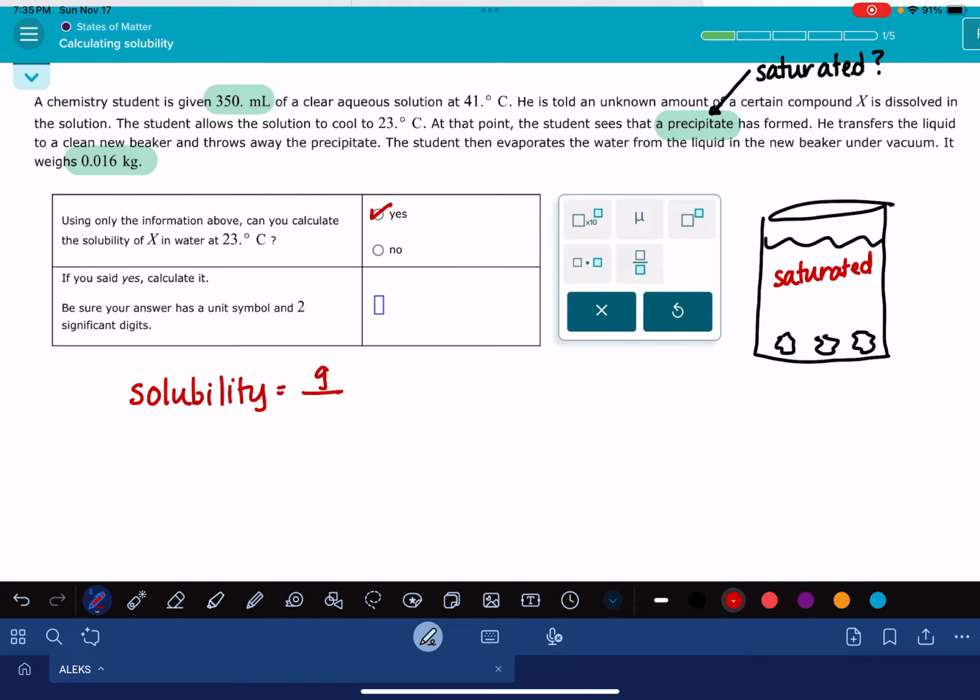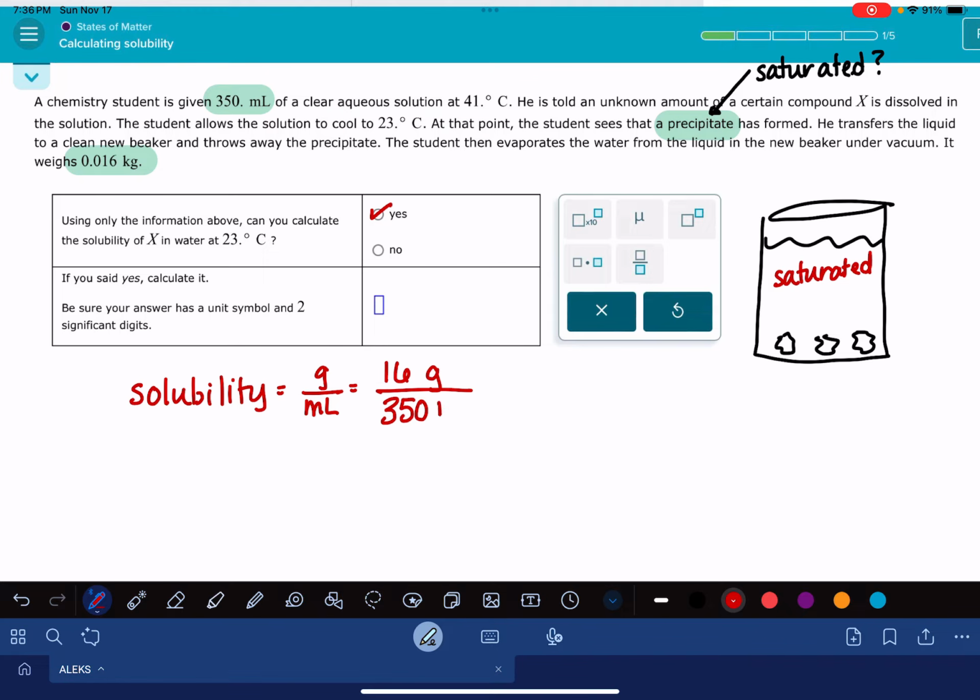Solubility is going to be grams per milliliter, and that's going to be this 0.016 kilograms, so that would be 16 grams. And I think that is referring to the mass of the solute, but it's just really not clear in this problem.